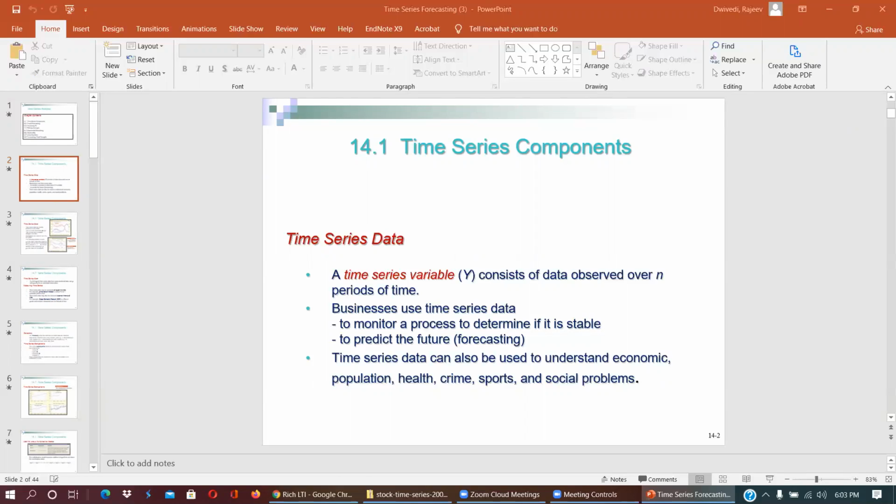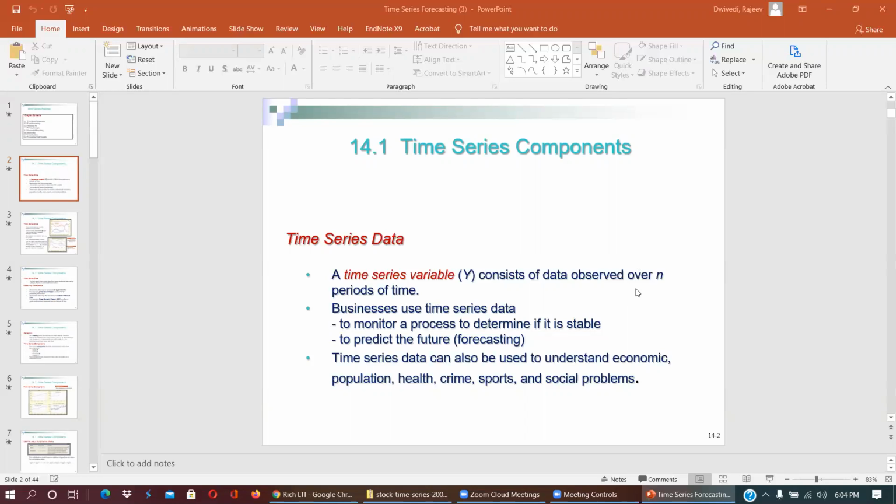Another current example of time series data is COVID-19 data, where you can see how it started a year ago in November 2019, and in almost a year, how it is progressing, or going down, or what the situation is.